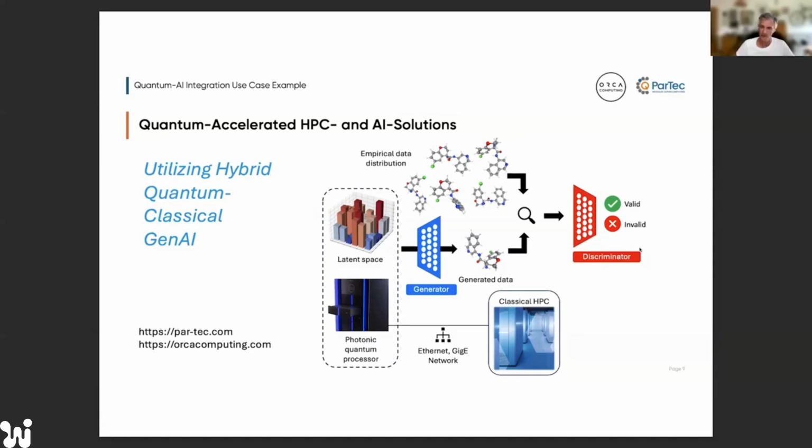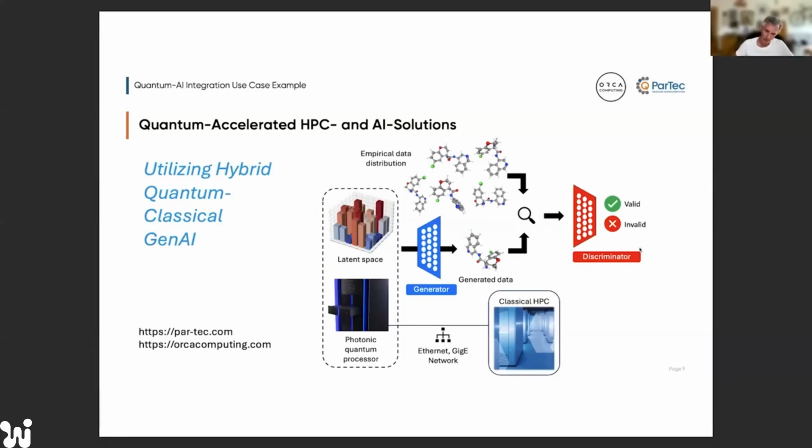So the generator is classical, the discriminator is classical, the data is also classical, but the lattice space that is created on this photonic quantum computer, which is a Gaussian Boson sampler, brings this randomness from quantum to a use case like creating the so-called conformers or isomers of the QM9 molecule, right?